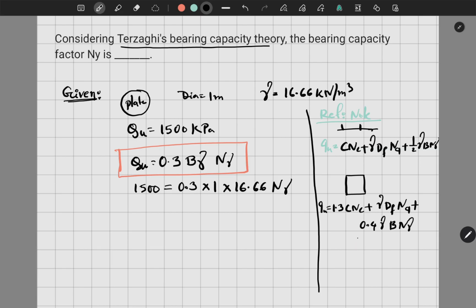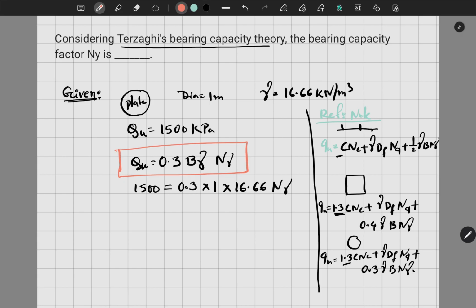And for circular footing, QU is equal to 1.3 cNc plus gamma Df Nq plus 0.3 gamma B N gamma.